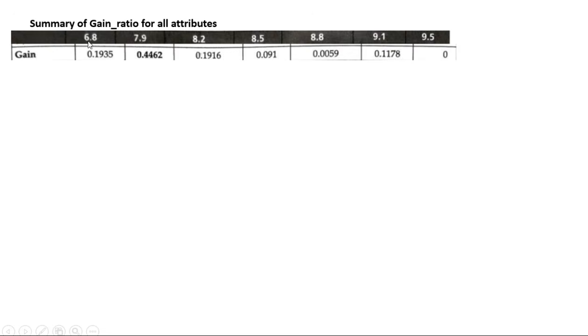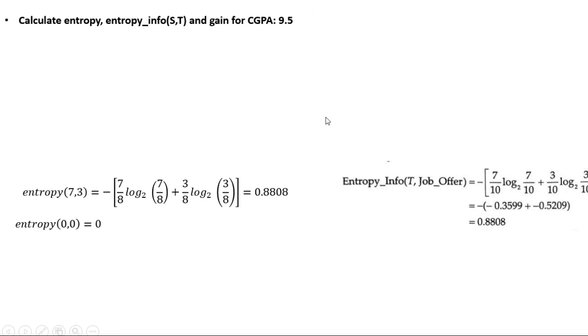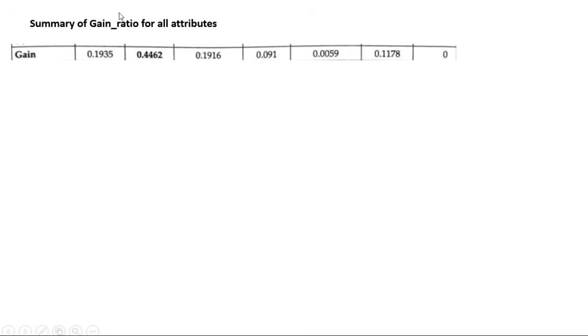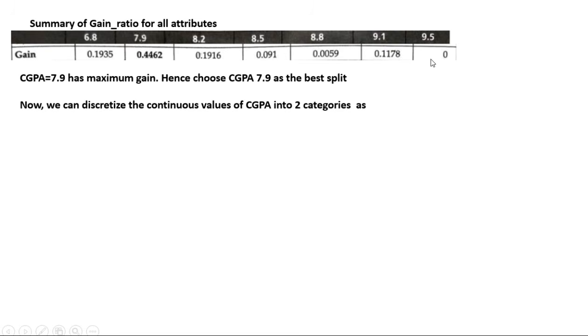What you have to summarize is just take the last row into consideration. In the last row for all the CGPAs, you find out the last row. When I observe the last row, the maximum gain is at CGPA 7.9. So therefore choose this 7.9 as your best split.